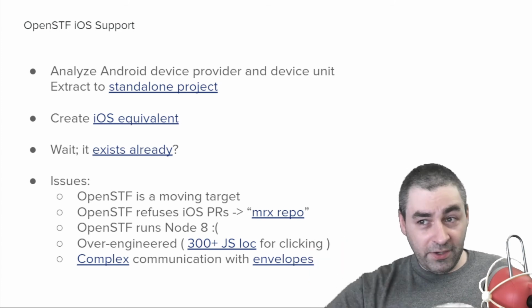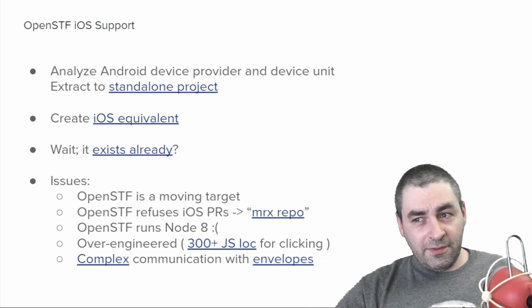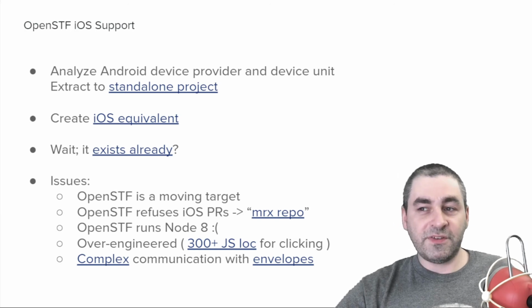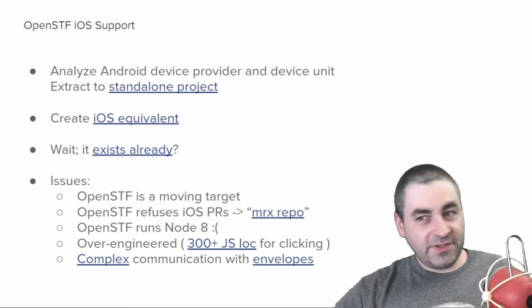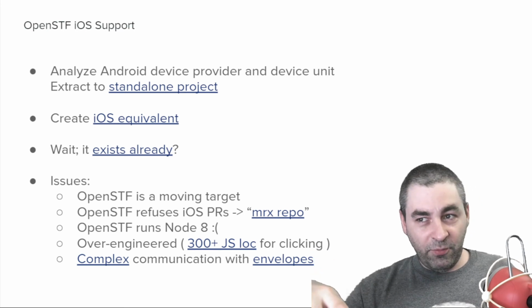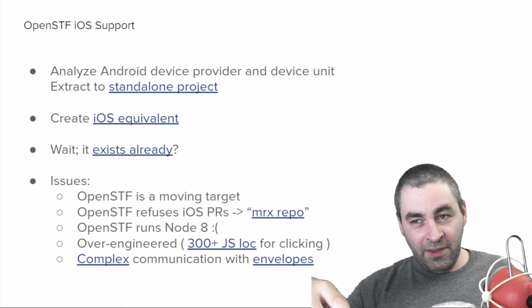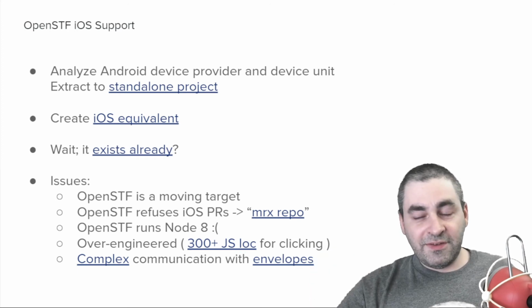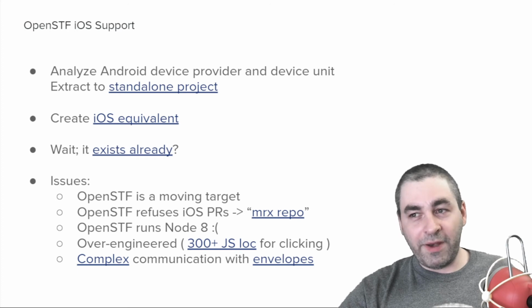I created a long PR to do this. The maintainers of OpenSTF, even Device Farmer, were not able to merge this successfully, for reasons I won't get into. It is possible to do. I did create a PR that exists if people want to run it on Node 12, but it's a mess. OpenSTF is, as far as I'm concerned, deprecated technology. It should be thrown out and rewritten from the ground up, and that is what I'm doing.